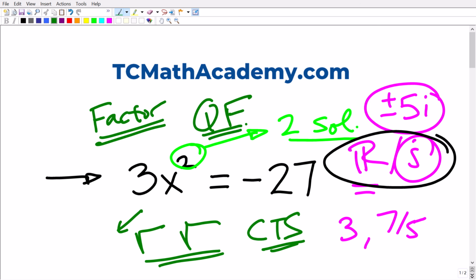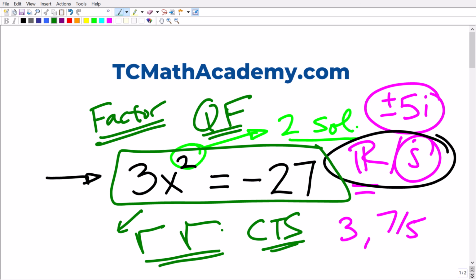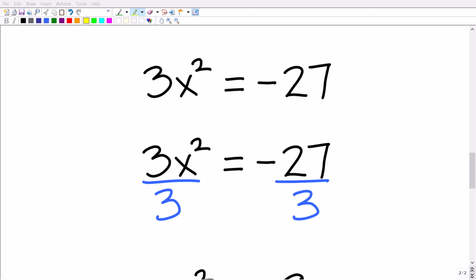In this particular case, we're going to take the square root of both sides and solve this quadratic equation. The first thing we want to do is work on isolating x squared. We're trying to solve this equation for x, so before we can get to x, we need to get to x squared.